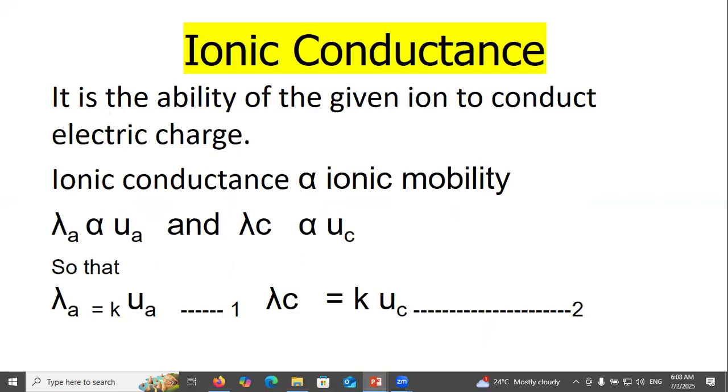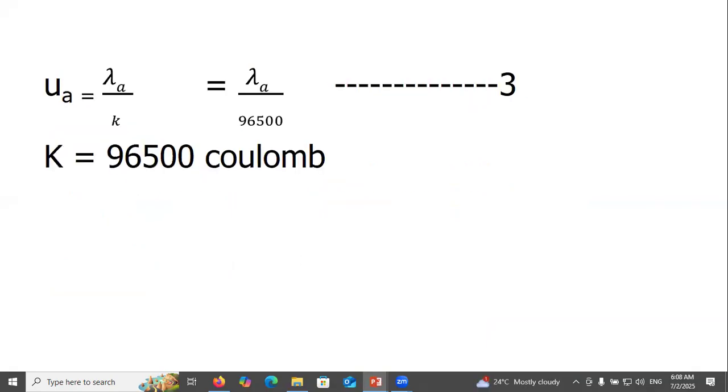So we can write for anion and cation, lambda A proportional to mu anion, lambda C proportional to mu cation. So we can write equations 1 and 2.